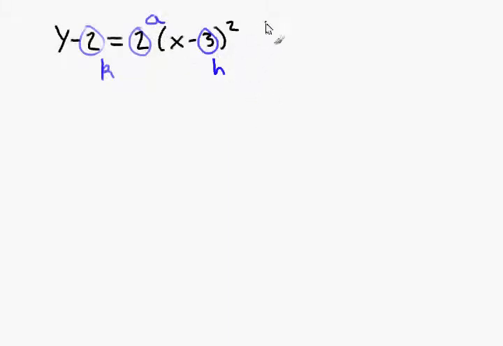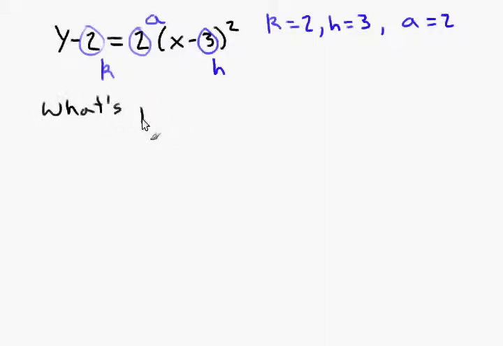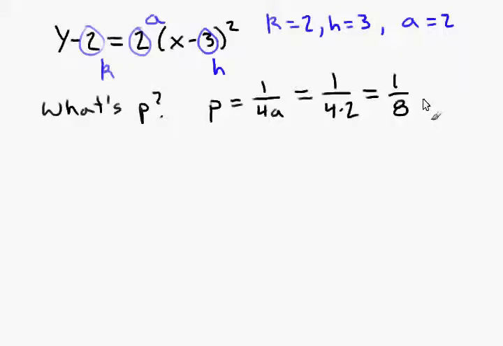So we have k equals 2, h equals 3, and a is equal to 2 as well. First thing I want to do is find P. And if you remember, P is equal to 1 divided by 4a. So this is 1 divided by 4 times 2, or 1/8. That's the value for P.